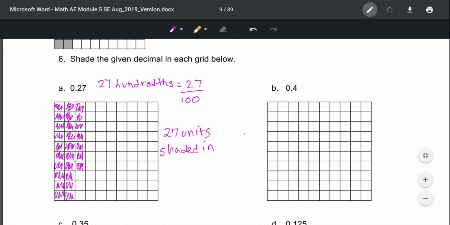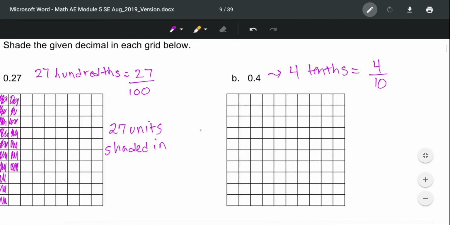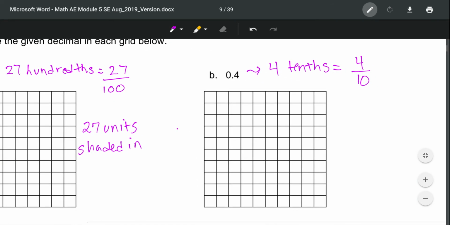For letter B, this is 4 tenths. Okay, so remember that 4 tenths means 4 out of 10. Since we have 100 units in this grid, we want to see how much 4 tenths would be out of the 100 instead of 10.